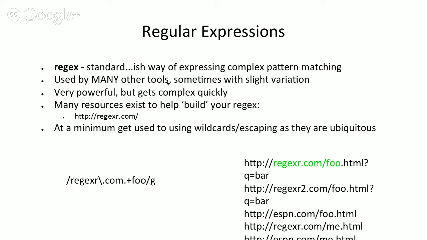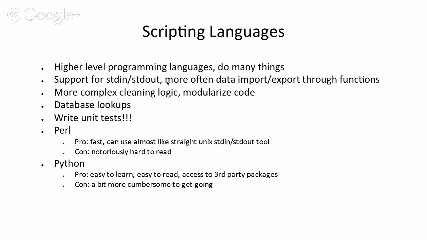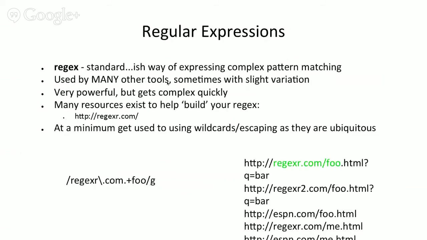A very common use case for that is if you have dumps of web events, and you only care about URLs that match a certain pattern. This is how you would go about doing that. And again, you pretty much see these everywhere. For the most part there's some consistency, but everybody does a couple of things slightly differently.